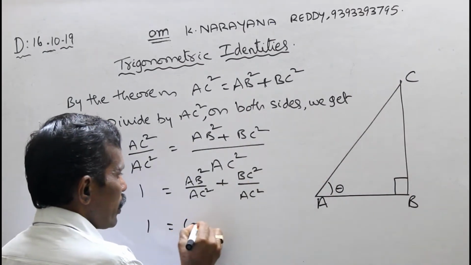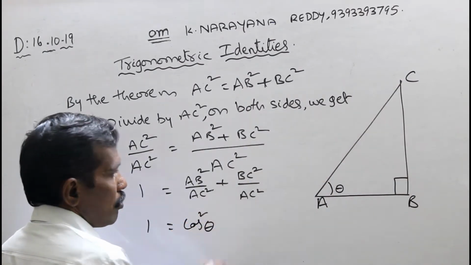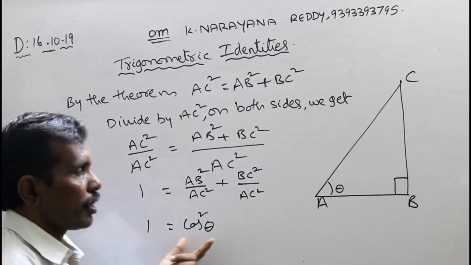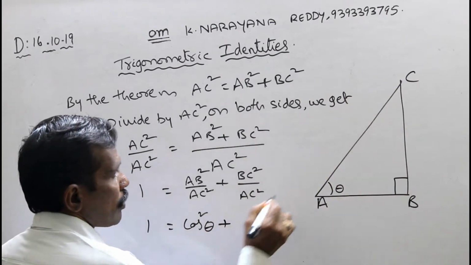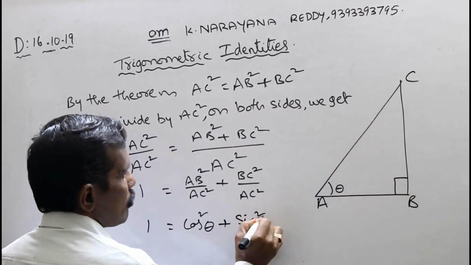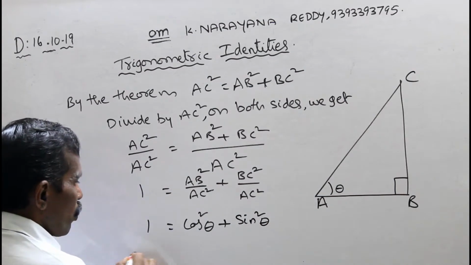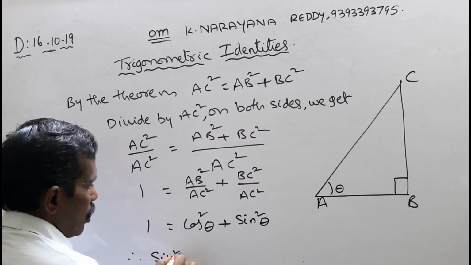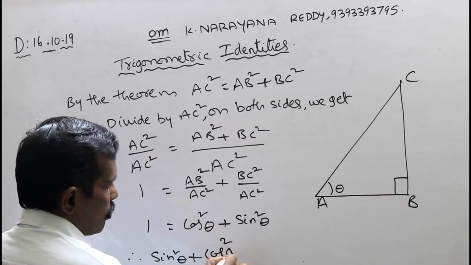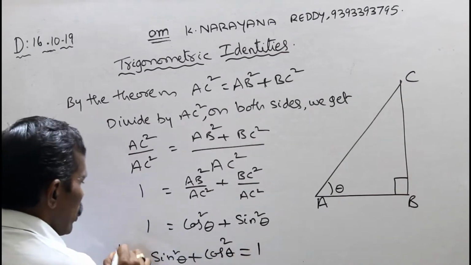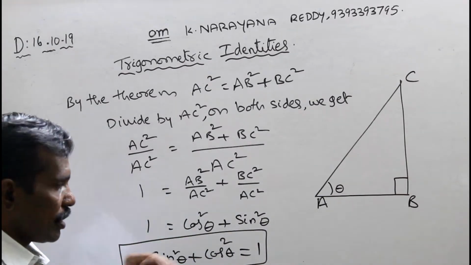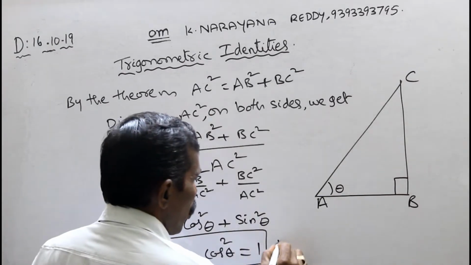What? Cos square theta. Adjacent side by diagonal square, cos square theta. In the same manner, BC by AC, sin square theta. Therefore, sin square theta plus cos square theta equals 1. This is an identity equation. This is called an identity.